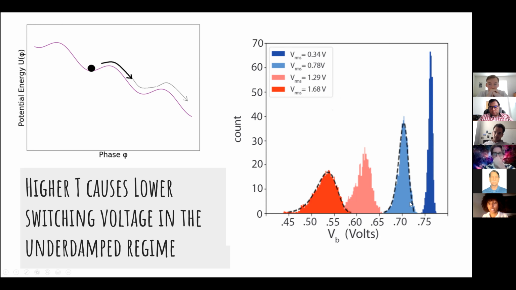But then as you increase the temperature, you notice that the histograms shift to the left. And it shows that at lower bias voltages, or at less tilting of the washboard, you still see that phase escape thanks to its thermal agitation. So that's the underdamped case.